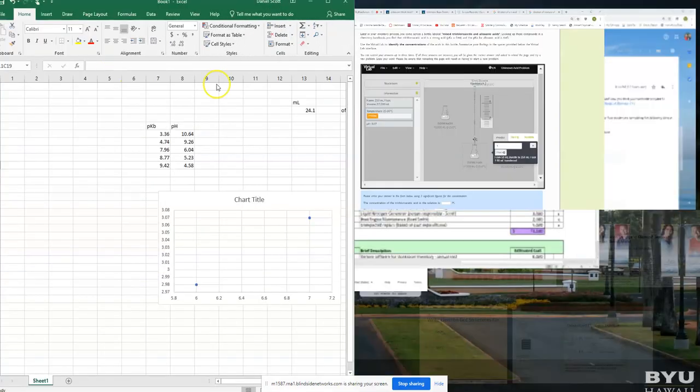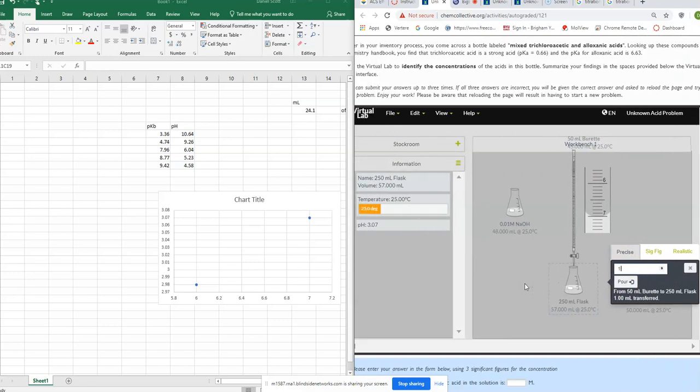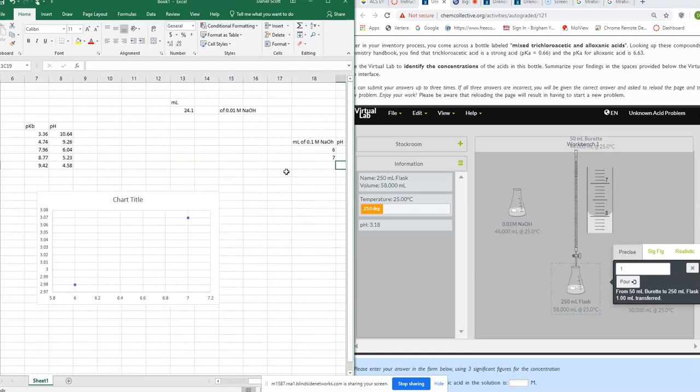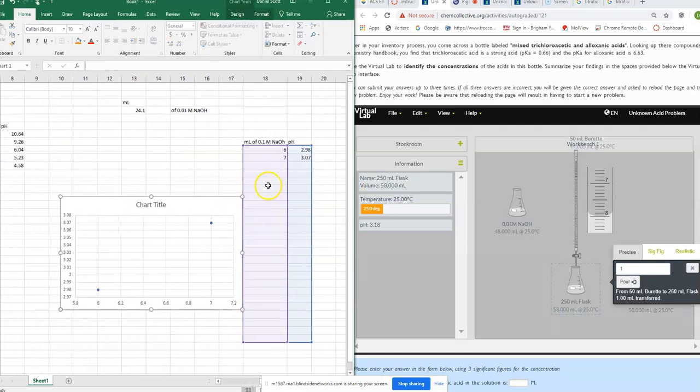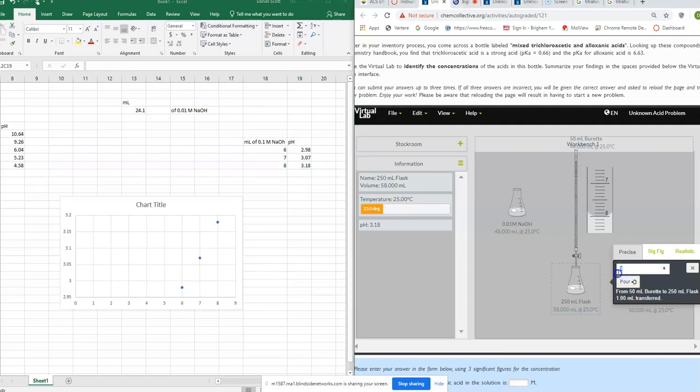So I'm going to set myself up here so I can see both of these at once. There we go. 8, 3.18. It's getting pretty steep. Maybe I should go to 0.5. So 8.5, 3.24.